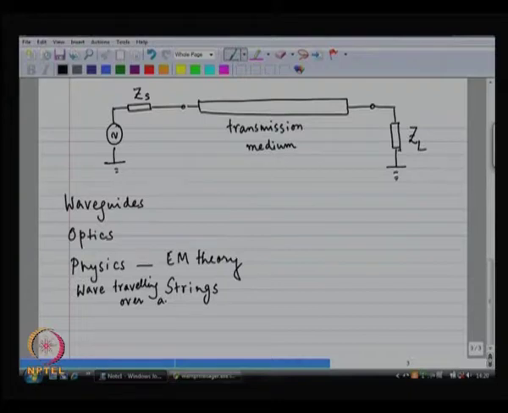So, if you have studied any of this, or if you have studied transmission lines, so all of these theories are very similar to each other.